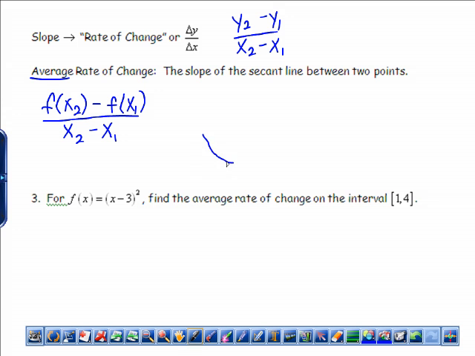Okay, so let's say we had a curve, and it looked like this. And let's say we just picked 2 points. Here is the value of x. I'm not even drawing my Cartesian coordinate or anything, but I'm just going to label where x1 and x2 are. It could be any 2 points.